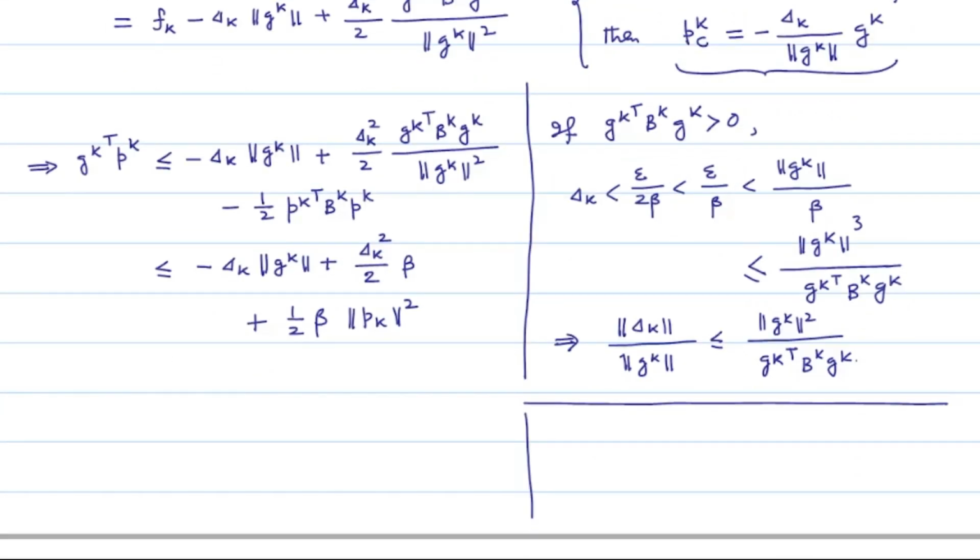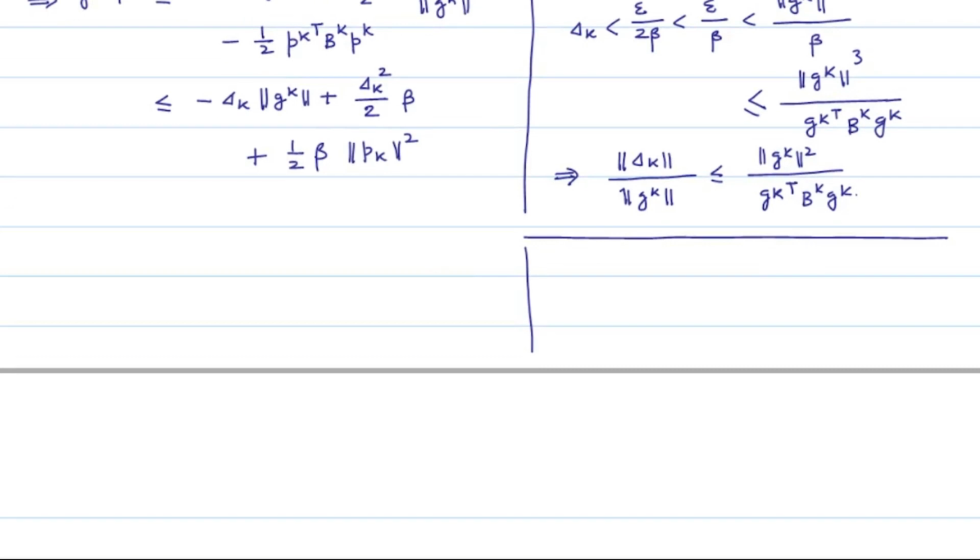As norm p_k is less than or equal to delta_k, we have this quantity further less than or equal to minus delta_k norm g_k plus delta_k squared times beta.